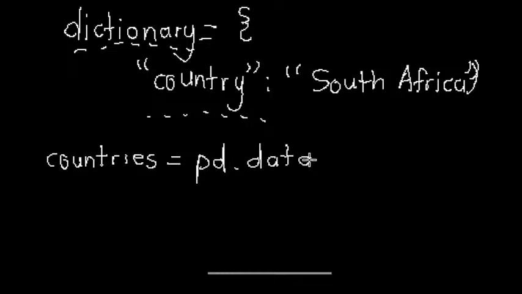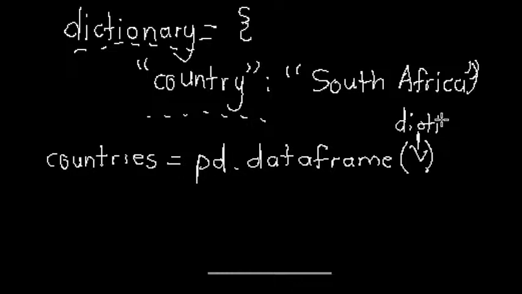pd.DataFrame. So remember when we were working with NumPy arrays, we would have said np dot, what was it? I can't recall. I have to double check. Anyway, and then in your brackets, you specify what you are now turning into a DataFrame.